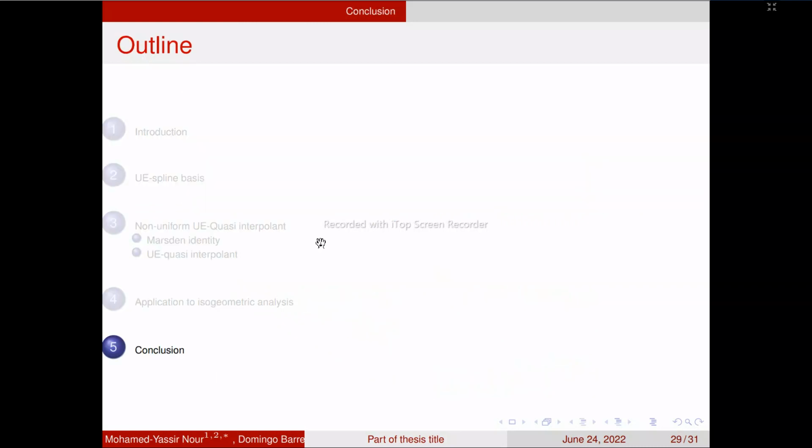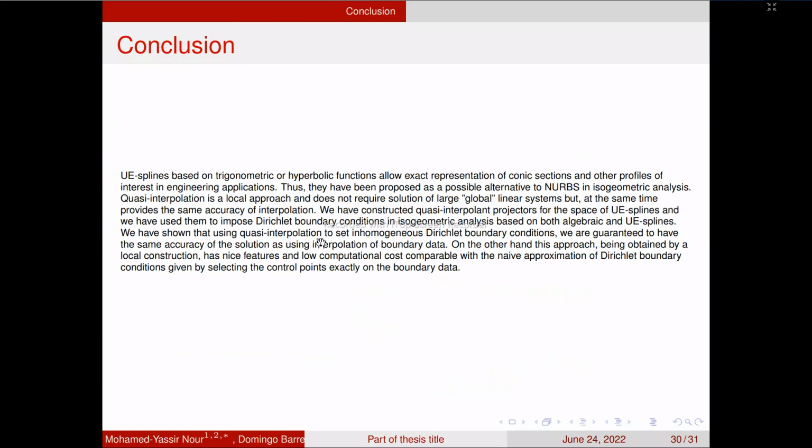And now we go to the conclusion: we can see that the UE-spline is valid for trigonometric and hyperbolic function bases. As we see by the Marsden identity, it reproduces exactly conic sections and all interesting engineering applications, not like NURBS.